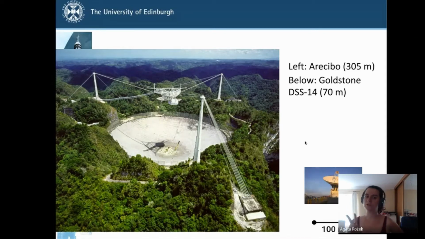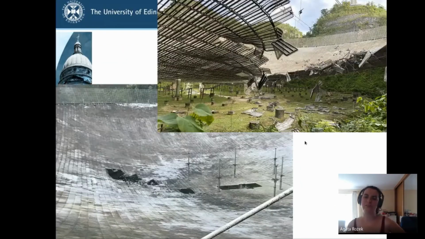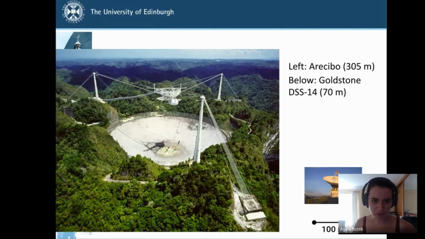So there's only 2 instruments equipped in planetary radar, and at the moment none of them is working because the DSS transmitter is being fixed, and the Arecibo got broken just a few days ago. So what happened was one of the steel cables that hold the platform up, there's quite a few of them.